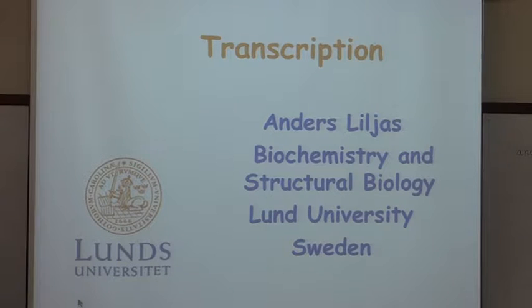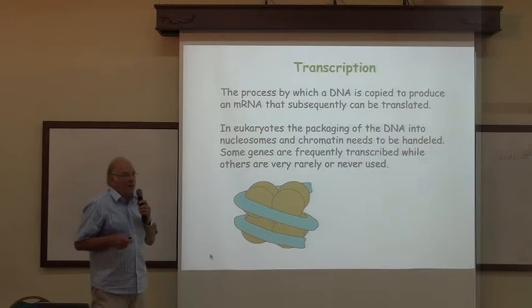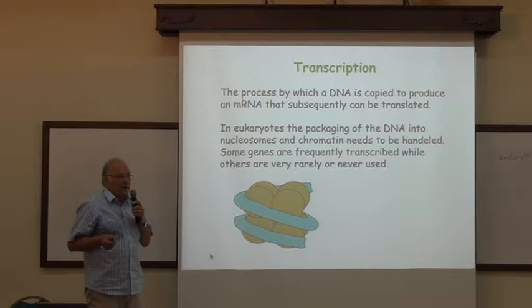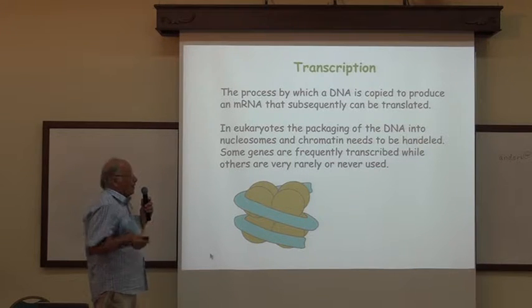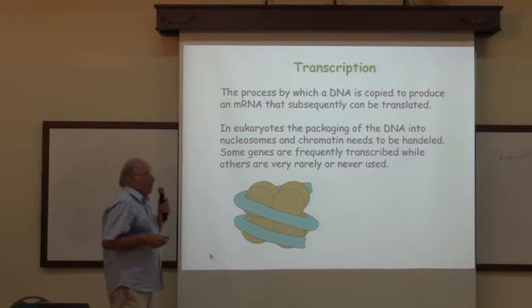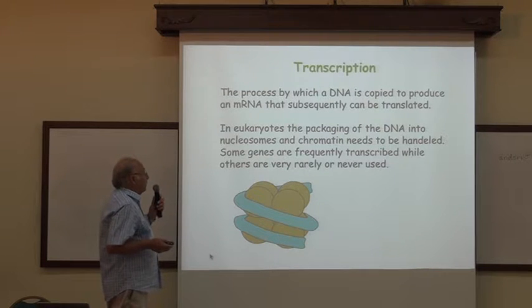So transcription is, of course, the process in which DNA is copied to RNA. And the RNA is subsequently translated into proteins. And in eukaryotes, again, the packaging of DNA into nucleosomes and chromatin needs to be handled.